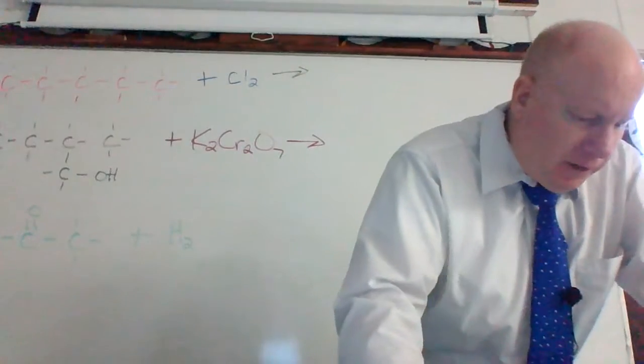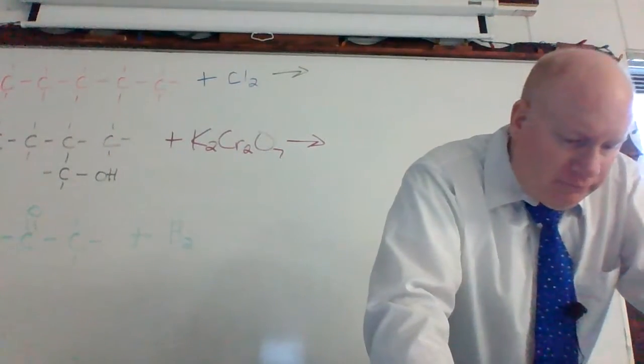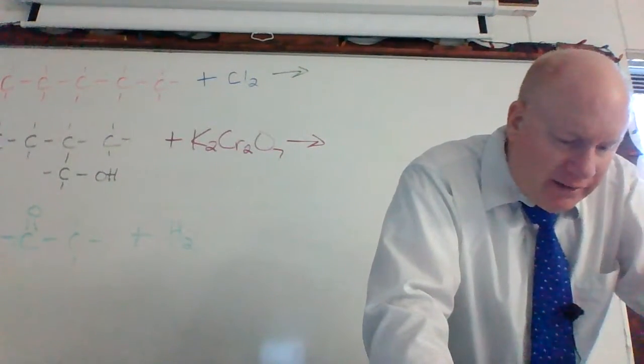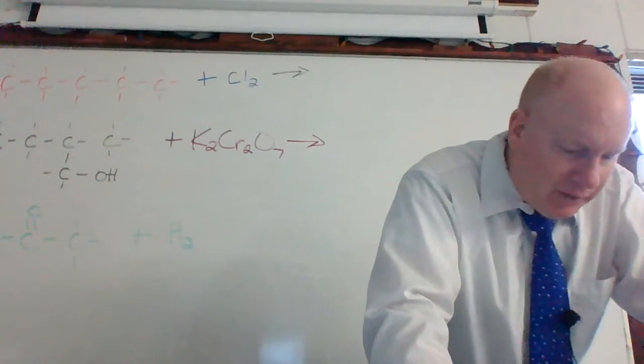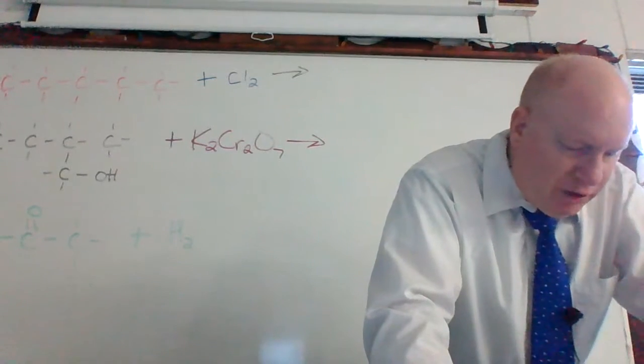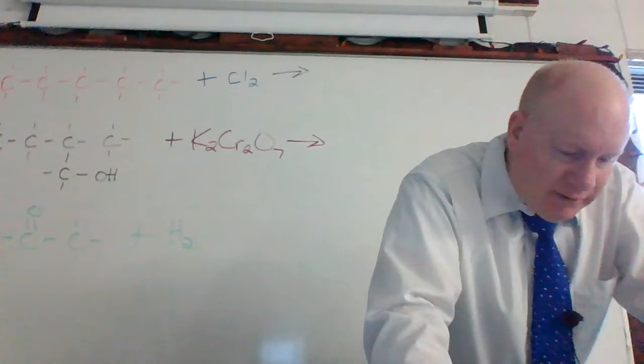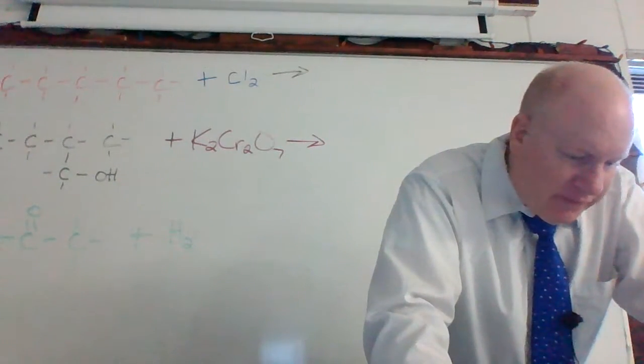Okay, so in an alcohol, the weaker bonds are the OH or hydroxy bond and the adjacent carbon-hydrogen bond. It breaks between those two, and the weaker bonds are the bonds that undergo selective oxidation.